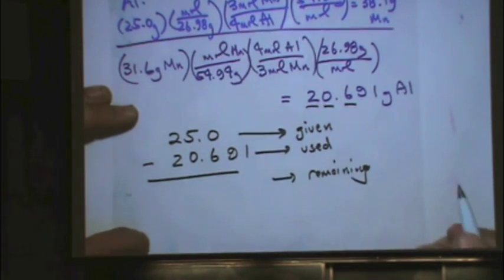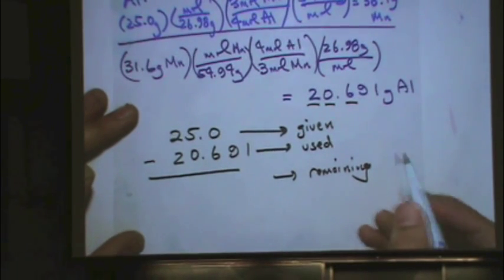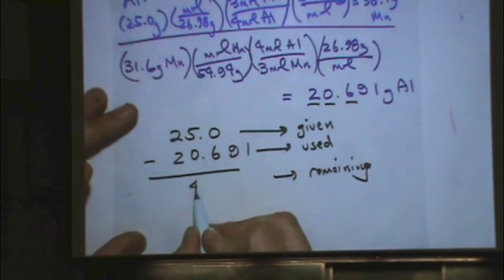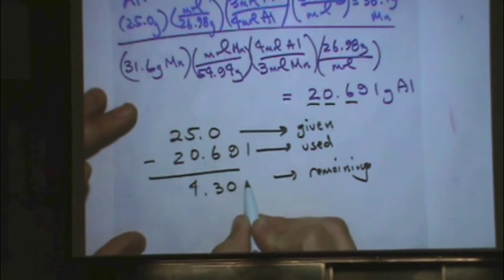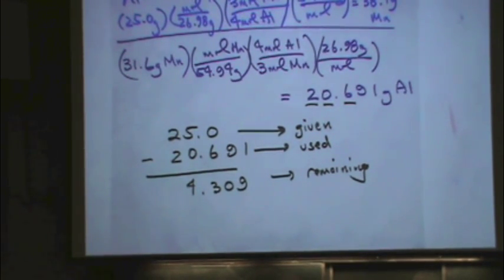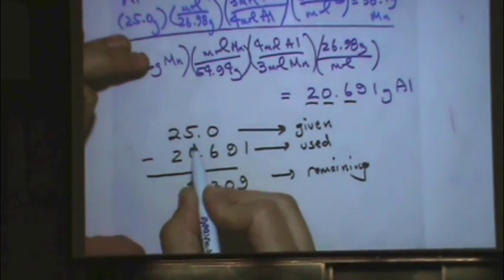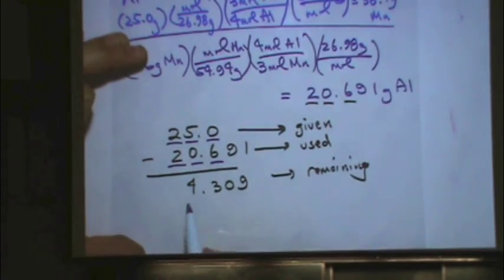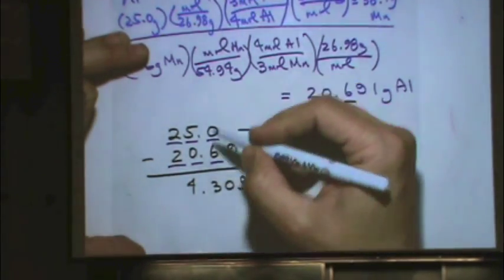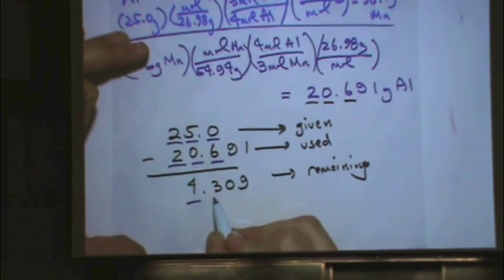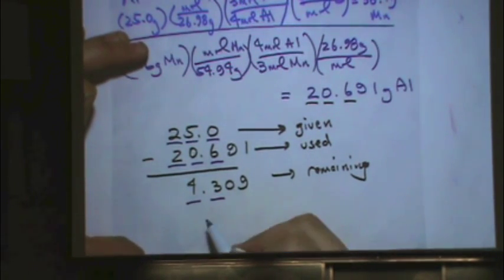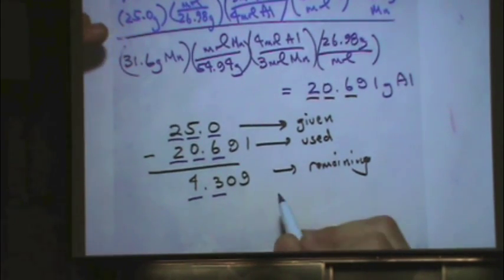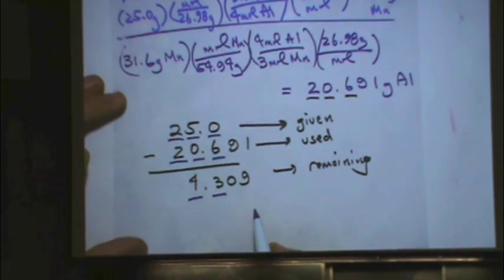Okay, how much remains afterwards? And if you just simply do this calculation, you get 4.309, but we need to figure out the sig figs, so let's do that. It's 25.03 there, and then 20.63 here. So, if you line it up, it only goes to the tenths place. So only 2 sig figs for your answer, 4.3. So I need to round accordingly.